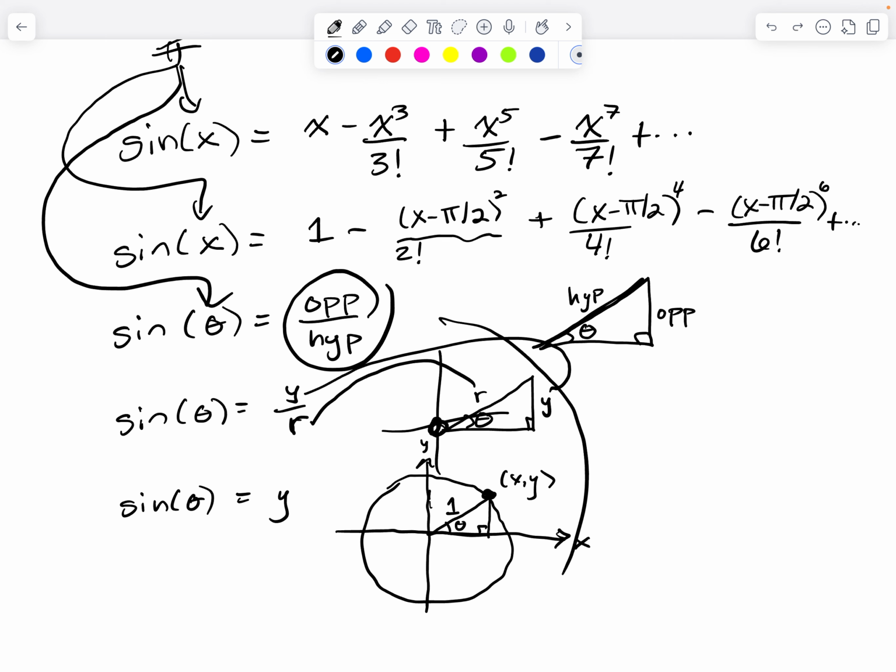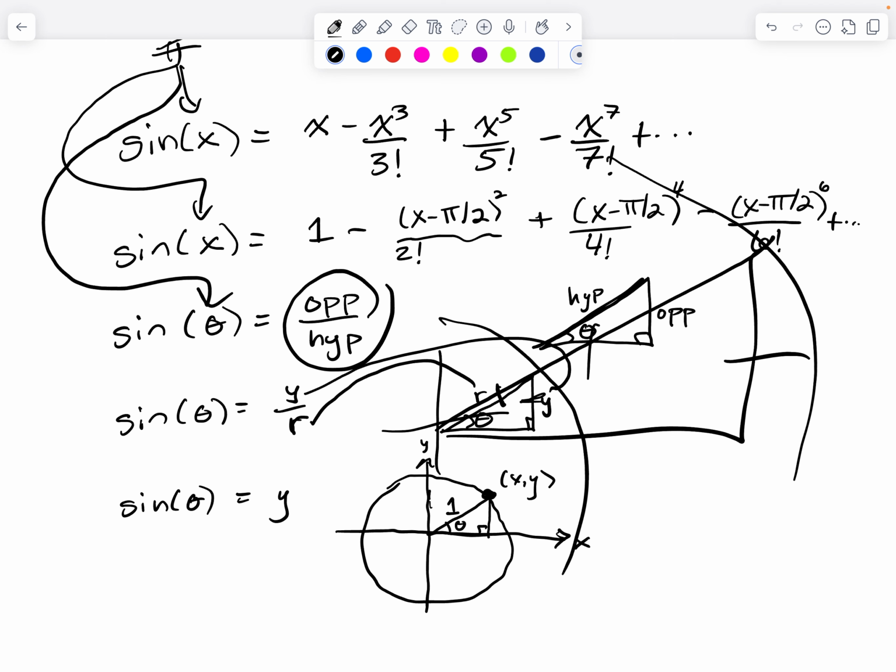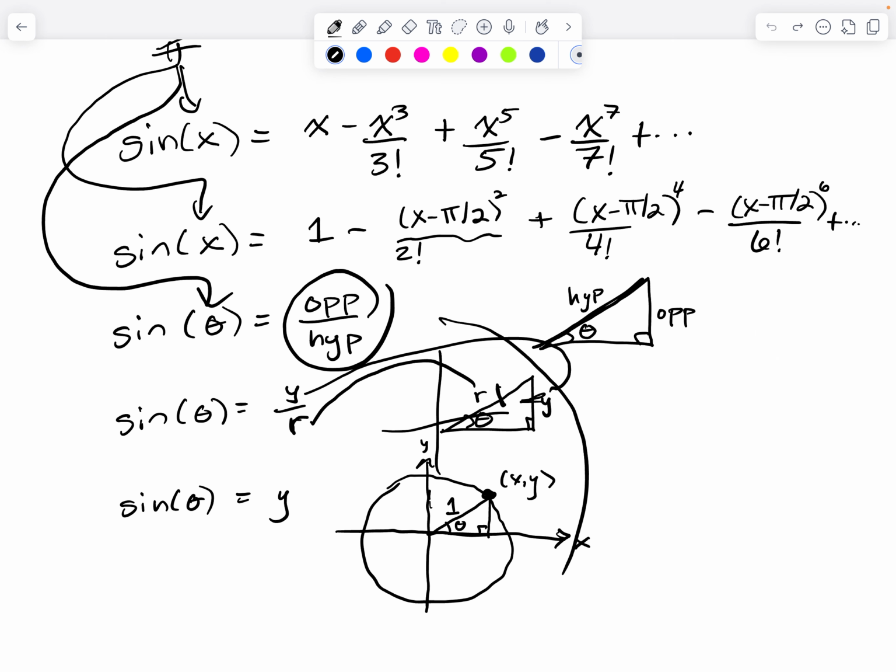Cool. Well, since this ratio of y to r is the same value no matter how big of a circle you draw, let's pick the easiest circle. Nobody likes fractions, so let's pick a circle where r is 1.